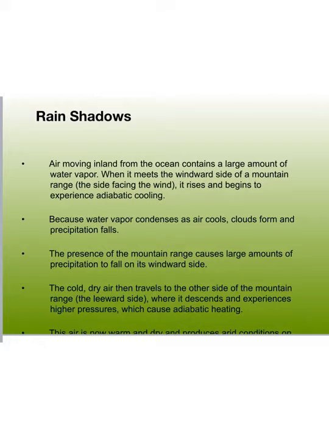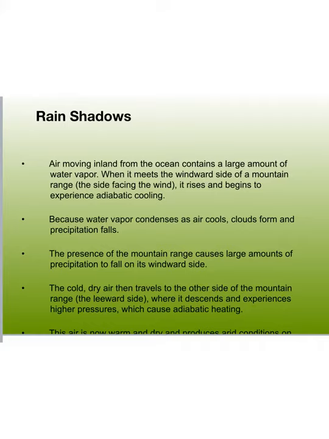When it meets the windward side of the mountain range, the side that it's facing, it starts to rise and experiences a cooling process. Water vapor condenses as it cools, right? So clouds form and then precipitation falls. The presence of the mountain range causes this large amount of precipitation to fall.